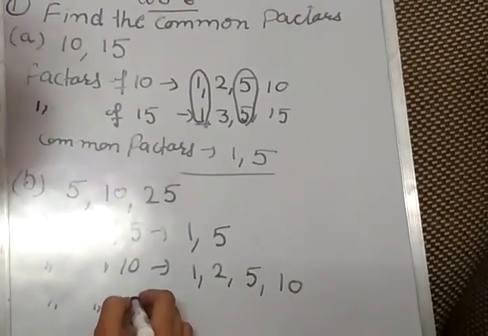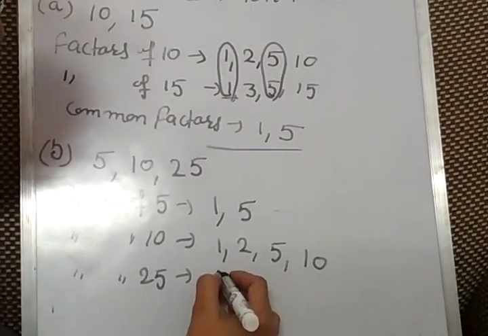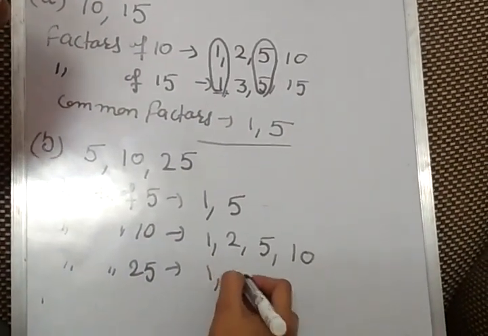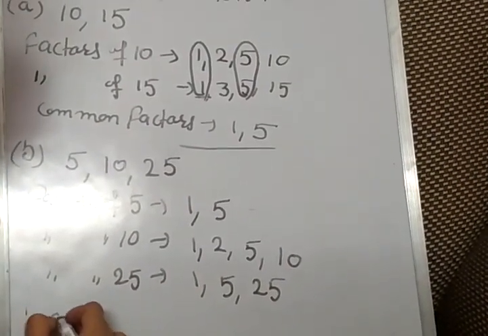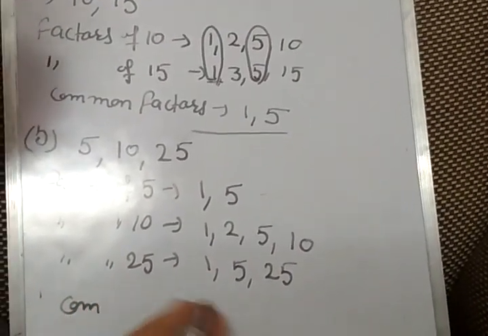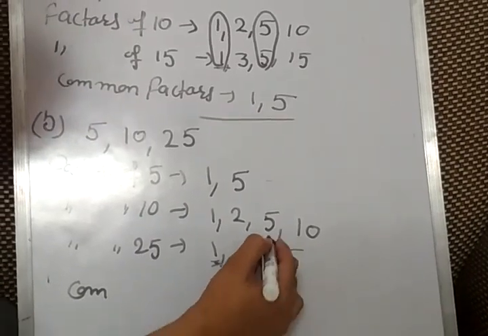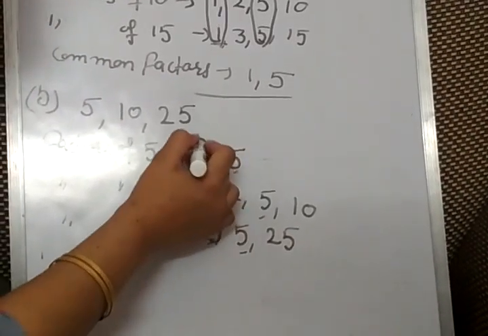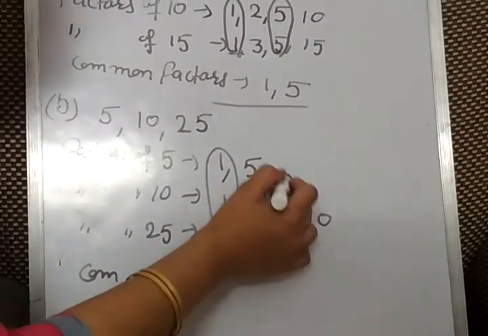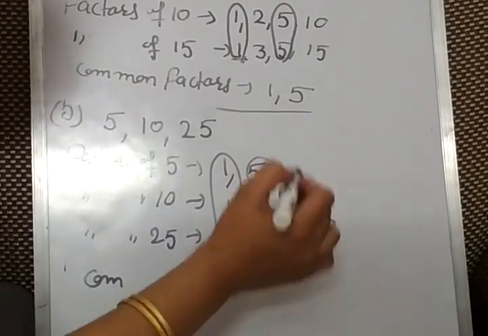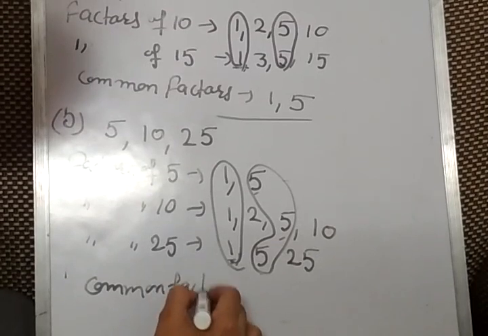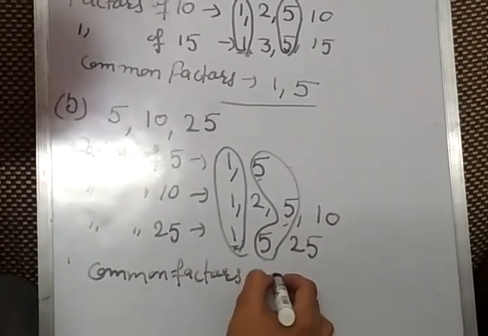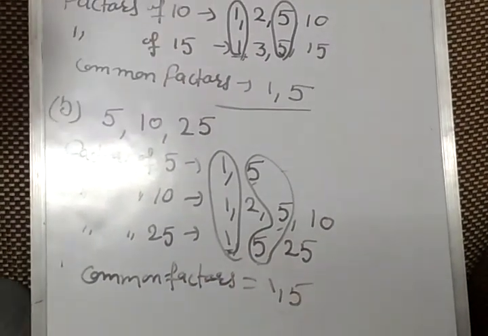Now factors of 25. On whose tables does 25 come? On the table of 1, on 5 and on 25. Now common factors: 1 and 5. 5 is in all of them, isn't it? It means 1 is common and 5 is common. Common factors are 1 and 5.